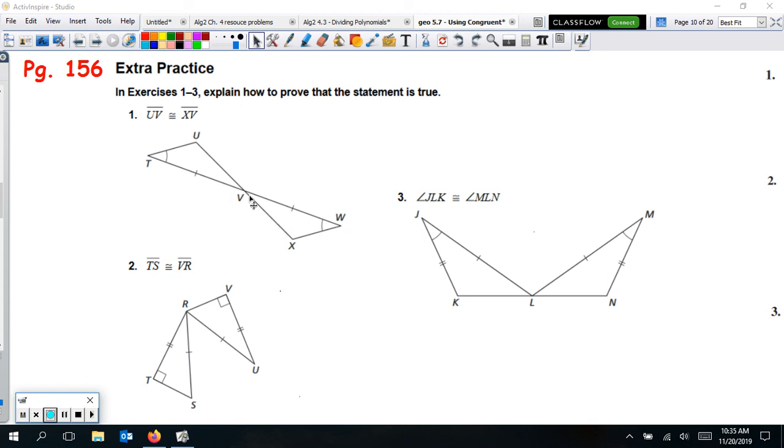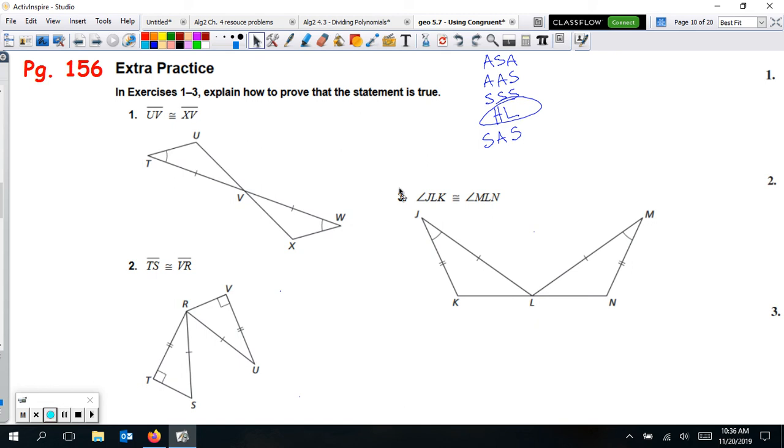The deduced information can be right here with vertical angles. These create vertical angles, and vertical angles are always congruent. And we're trying to figure out which one of the 5 ways of proving triangle congruence.